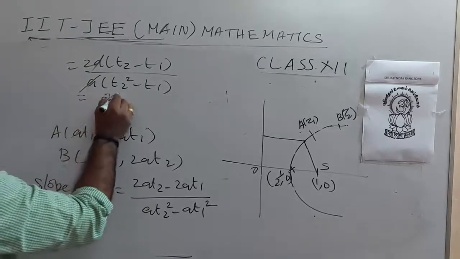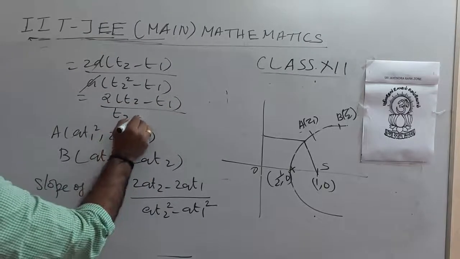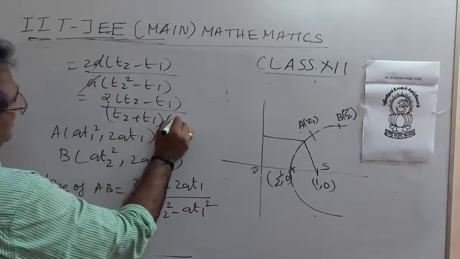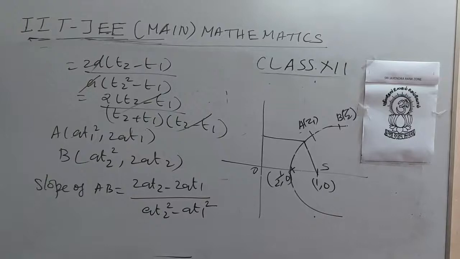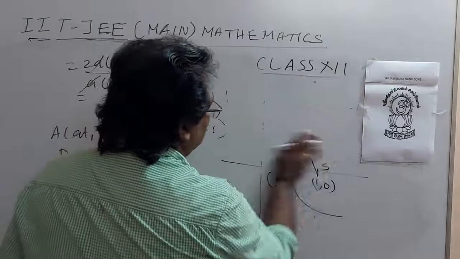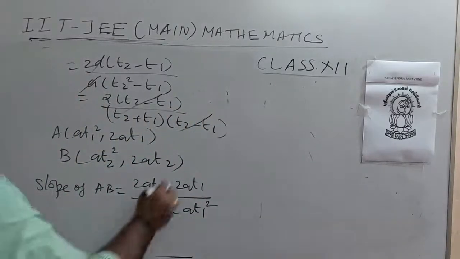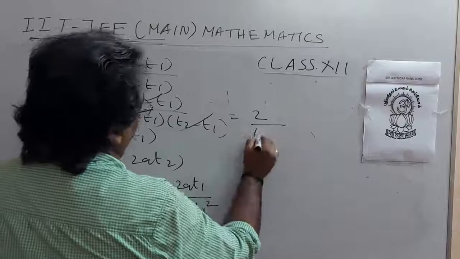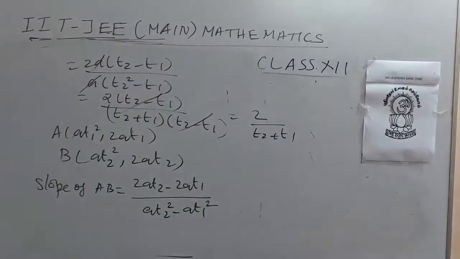So 2 into t2 minus t1 divided by t2 plus t1 into t2 minus t1, that is 2 by t2 plus t1.